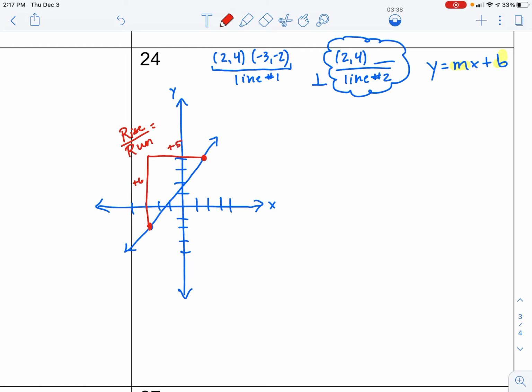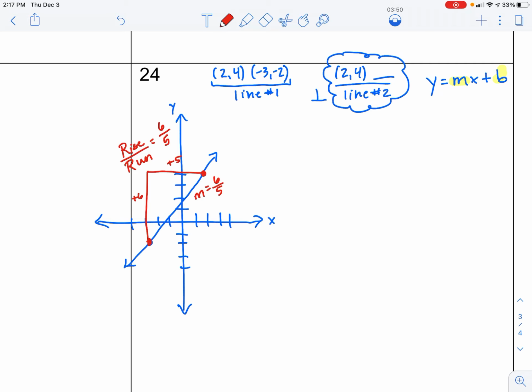Run over 5. So I rose up 6 and I ran 5. So my slope of this line is 6/5. Which means the slope of my perpendicular line is going to be its negative reciprocal. So the slope of this line is going to be -5/6, because it's going in a completely opposite direction.